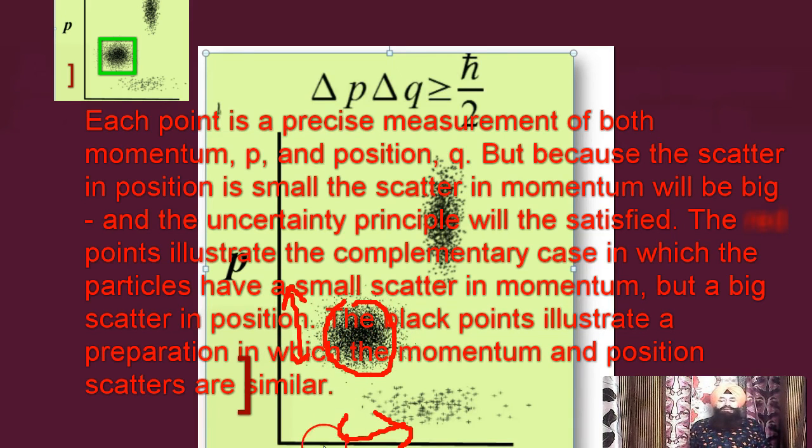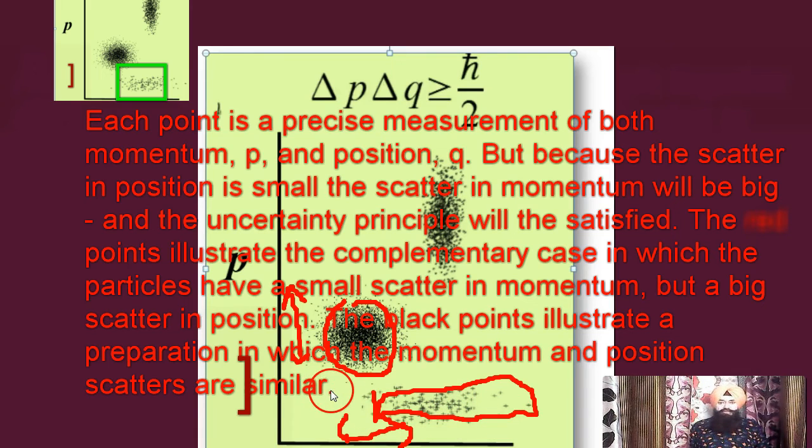Now, for another group, for another particle, when we note down the position and momentum, we get a spread like this. So what happened here?